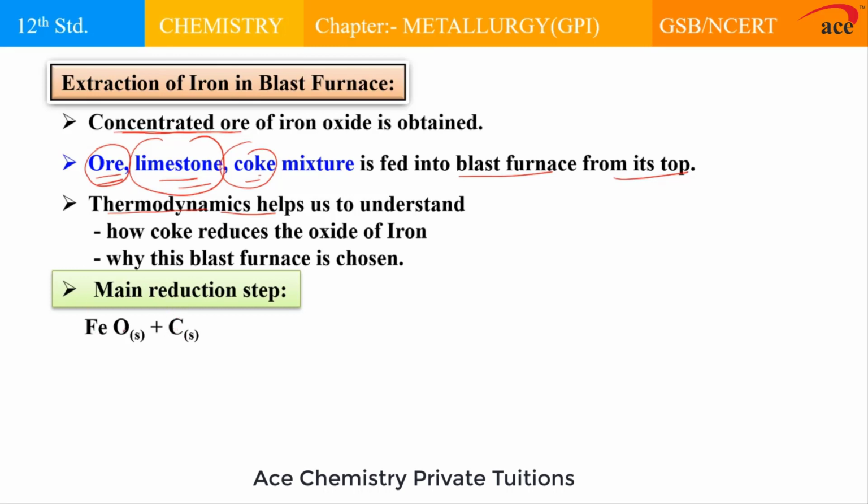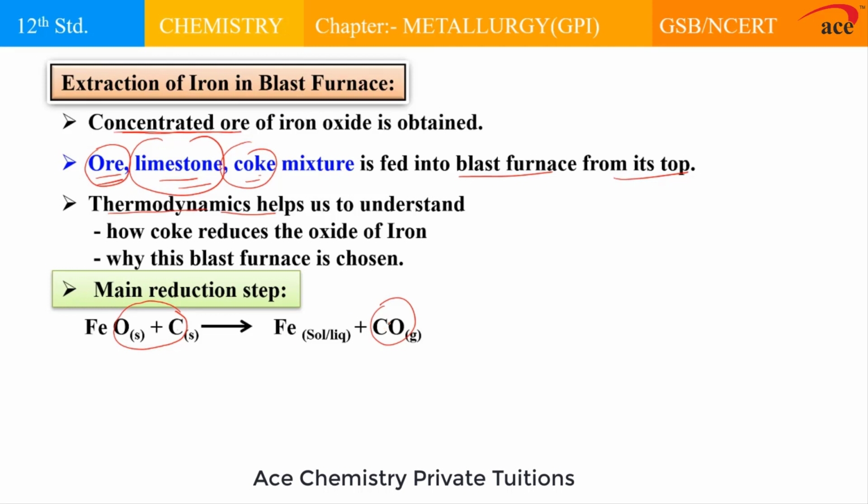The FeO which is present in the powdered ore gets reduced by this coke. If it is a reducing agent, it removes oxygen of FeO, if you will see. So it forms Fe, and since the temperature is very high, because carbon monoxide formation is favored at very high temperature as per the Ellingham diagram.